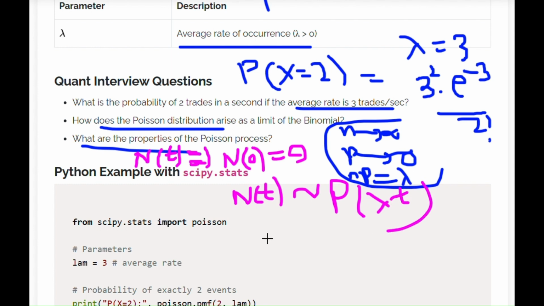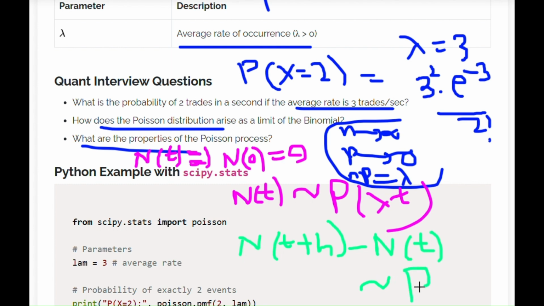Third is that every interval would be Poisson distributed, which would depend only on the length of the interval. So what that means is N of, let's say, interval t plus h minus N(t) would be Poisson distributed with parameter lambda h.